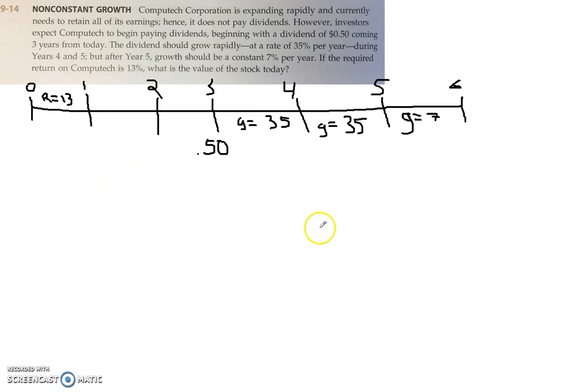So the first thing we need to do after we draw a timeline is we need to forecast dividends. What I'm going to do is I'm actually going to type the math out because it's going to be hard for me to do that. So we know the first dividend that we receive is 50 cents. We need to figure out what's the dividend going to be at year 4. So I'm going to start with the dividend we get at year 3.